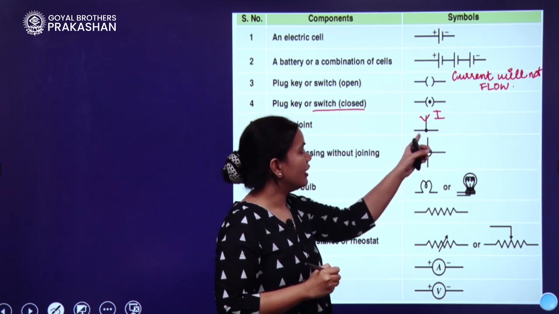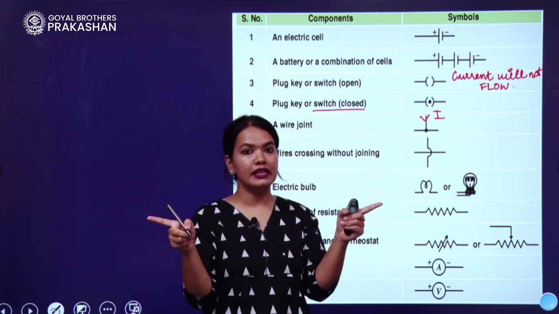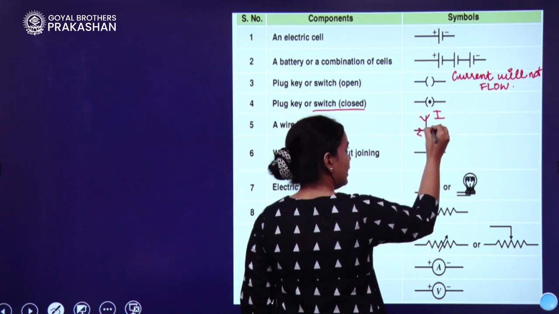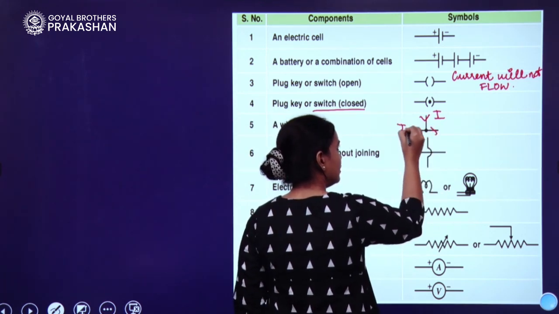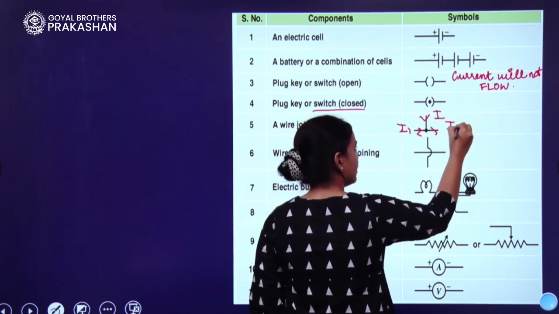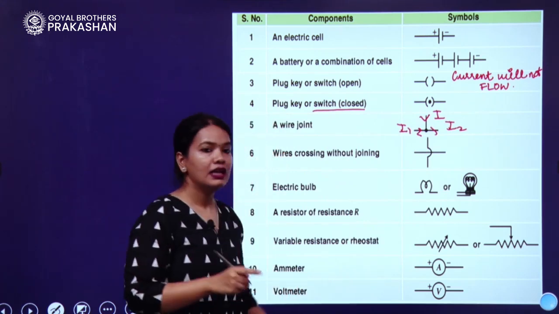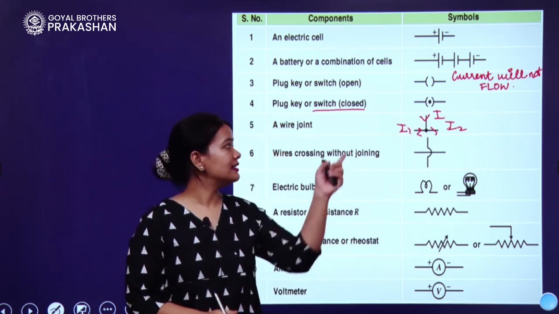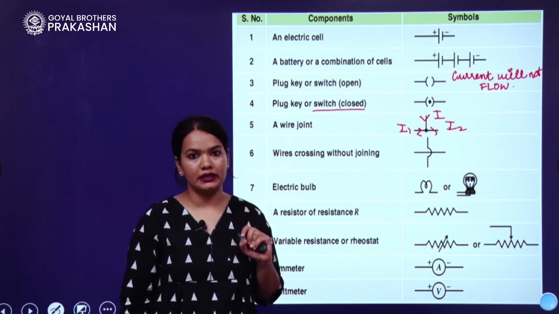Now, if you have a joint, the current has two different directions to flow, depending upon the connection. So, you will have I1, I2, right? So, what is happening at the joint? The current is dividing. That is the relevance of a wire joint, okay?